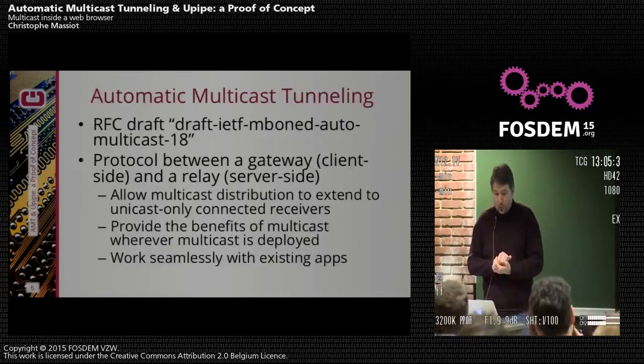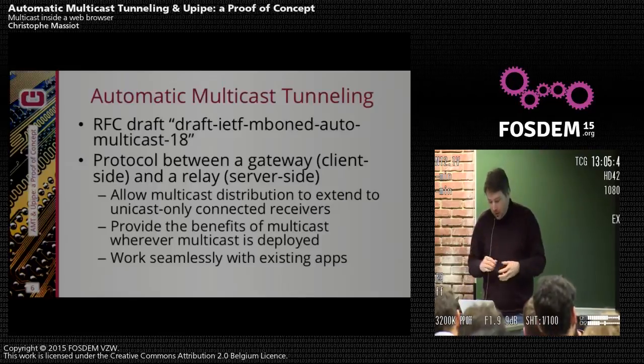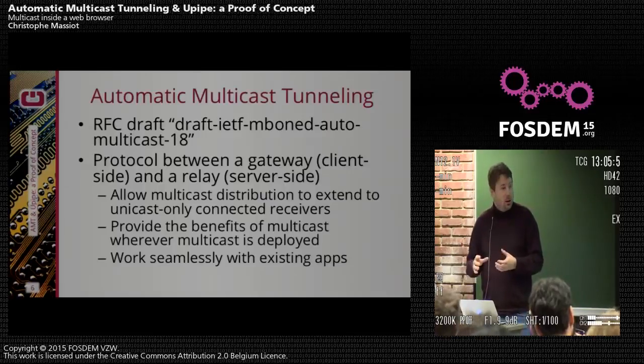So far, because a few players have gathered to create a new RFC. Currently it's only a draft. It's called Automatic Multicast Tunneling, AMT. It's a protocol between a gateway that would be on the client side, close to the client or in the client, and a relay that would be server side, close to the server or in the server.